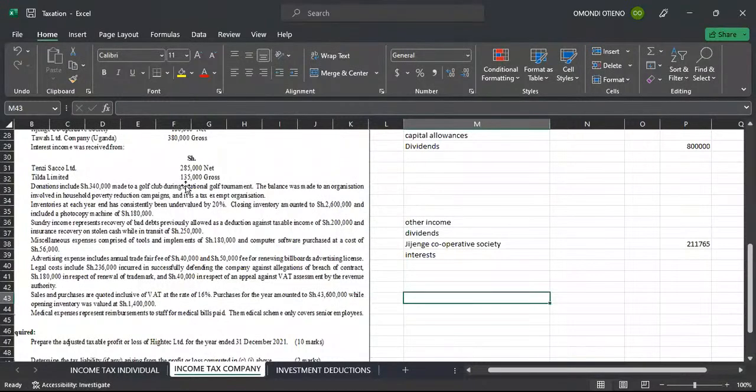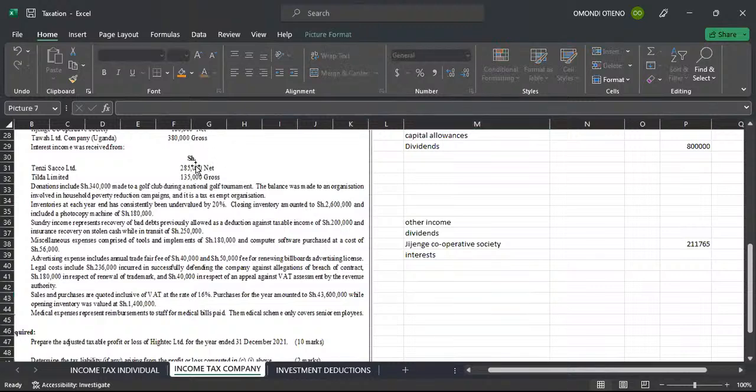So Tenzi Sacco Limited, interest from SACCOs, whatever is given here is net. It means they have deducted the 15%. So we have to add back the missing 15%.